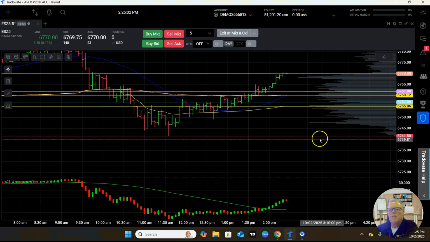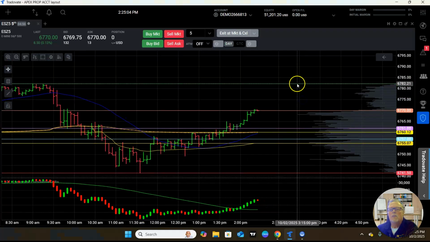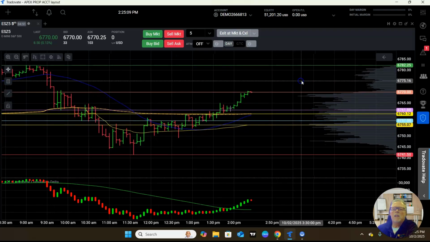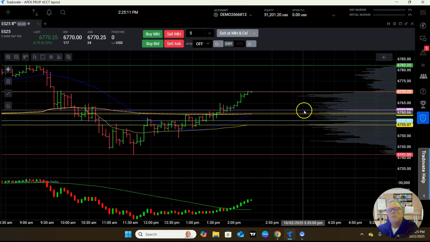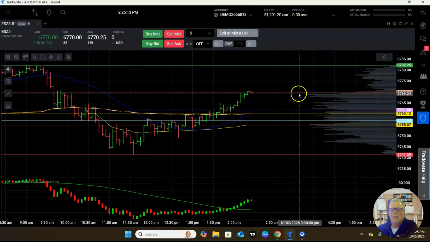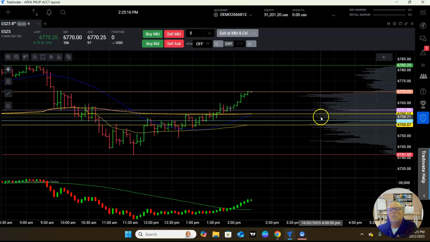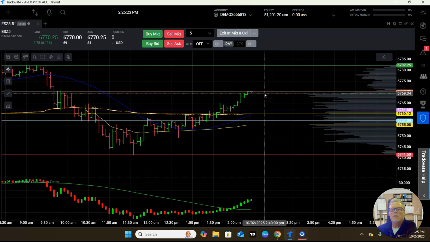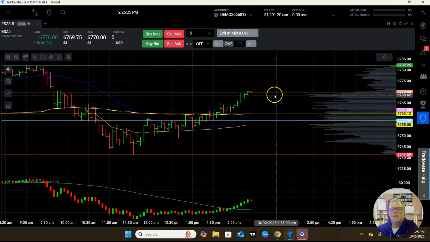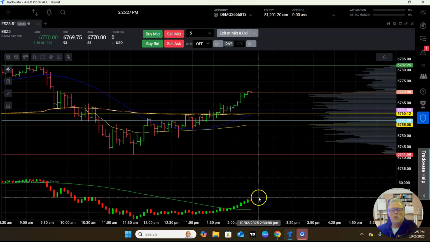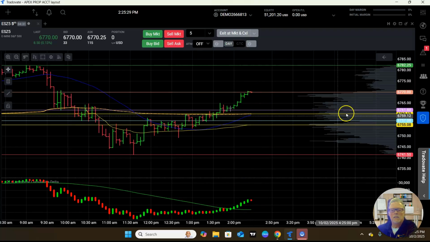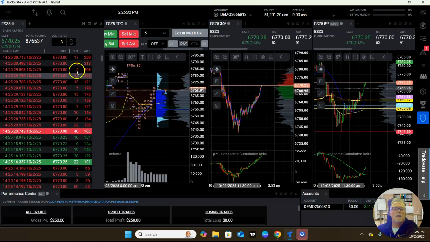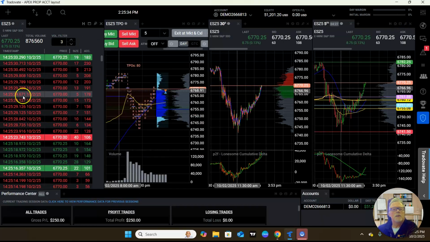We've got the low of the day on this chart. We've got the high of the day. Here's our distribution in volume for the day. Here's our biggest interest right here, which would be our point of control. That's the highest volume. So it's at a really nice inflection point to be watching, and not just watching this chart and the delta, but watching what's happening over here on my time and sales.